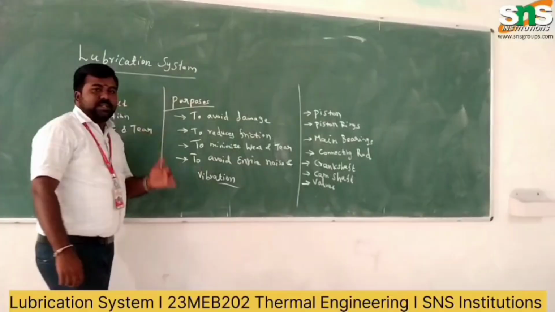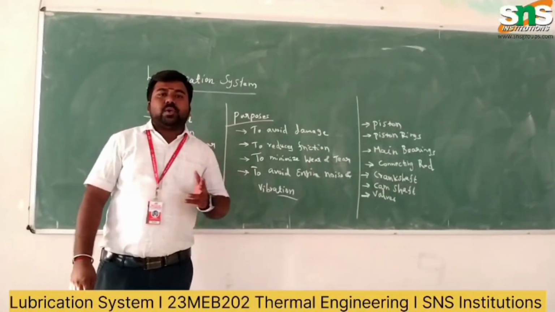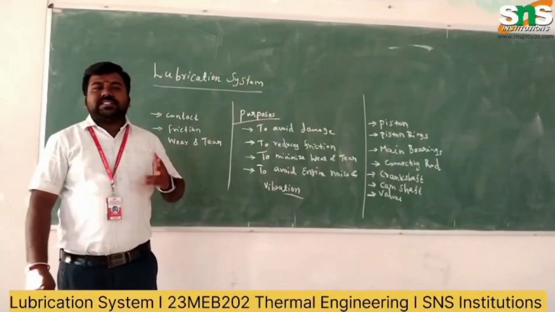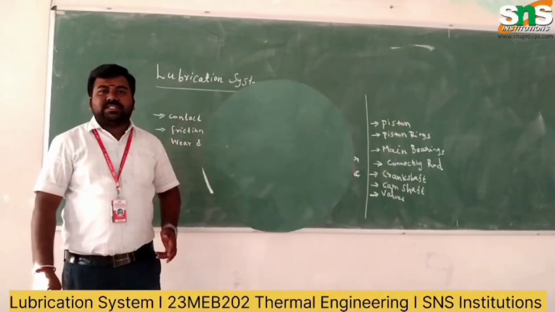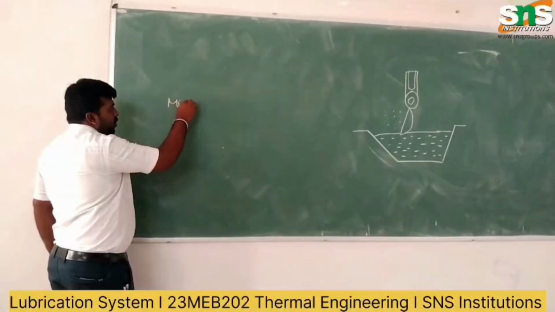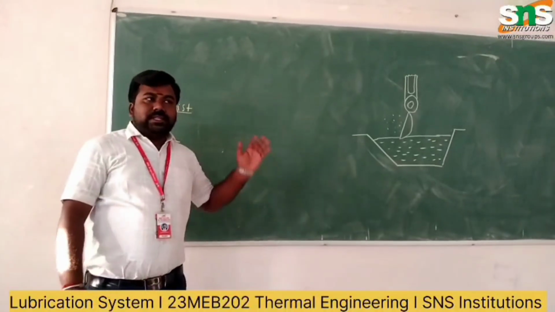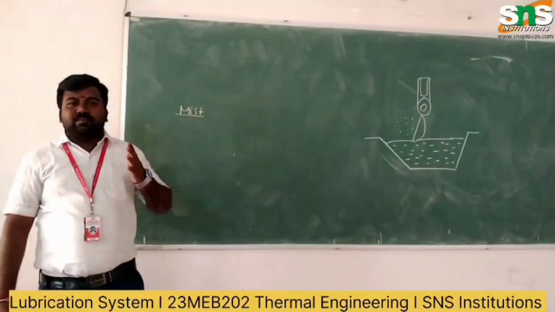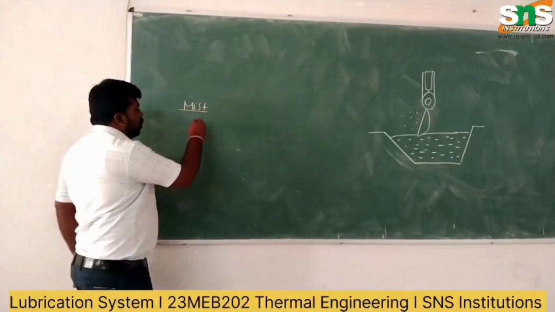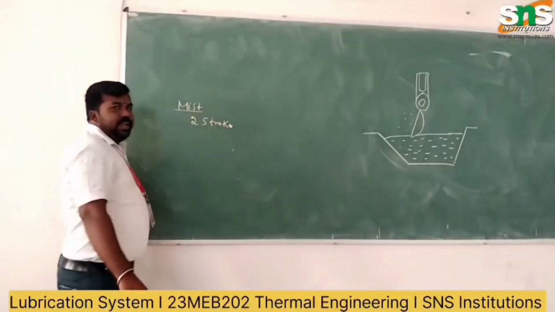This lubrication system is basically divided into two types. The first one is the petrol or mist lubrication system. The second one is the wet sump lubrication system. Let us discuss the petrol or mist lubrication. This type of lubrication system is commonly used in two-stroke engines, mainly light duty vehicles.